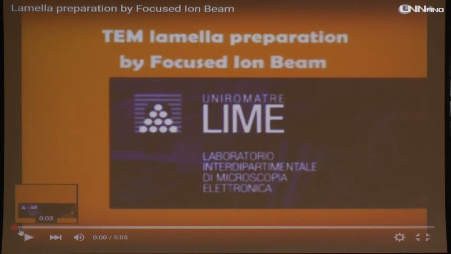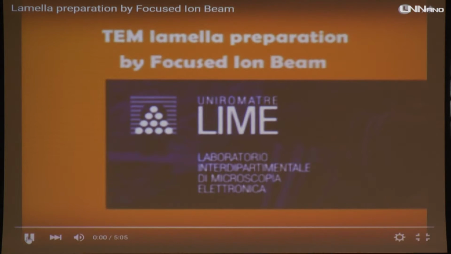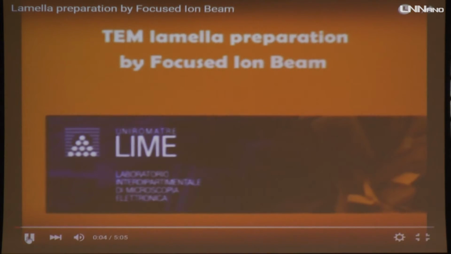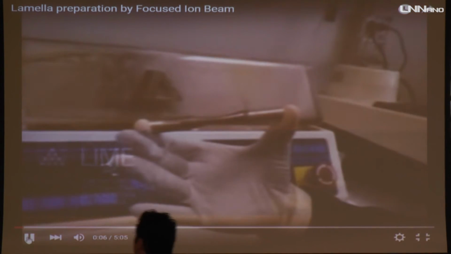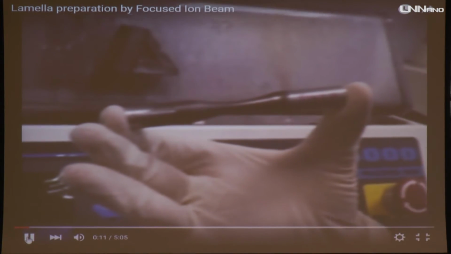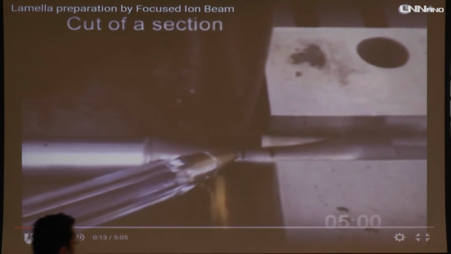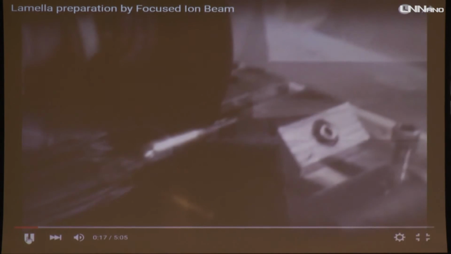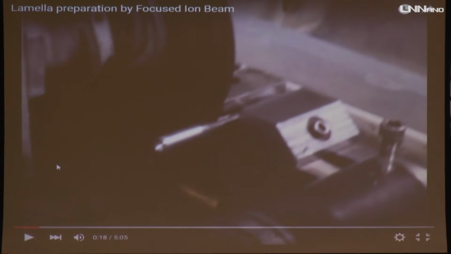Let's start. It's a metal part. This is what they want to investigate in this sample. And then you need to cut the sample.